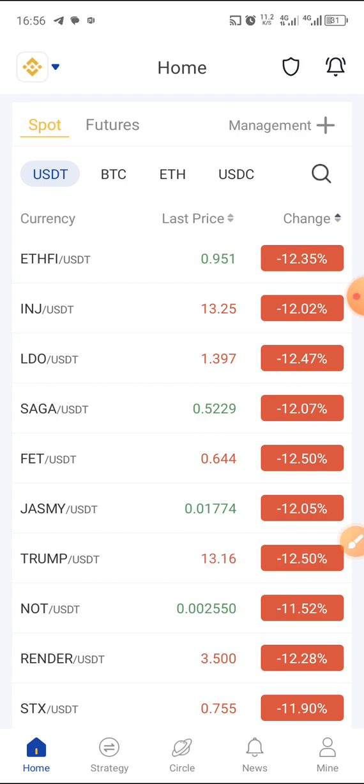Am I communicating? Or you can focus on stable coins if what you want is to trade for a longer term, because with trading we have what we call short-term traders and we have the long-term traders.